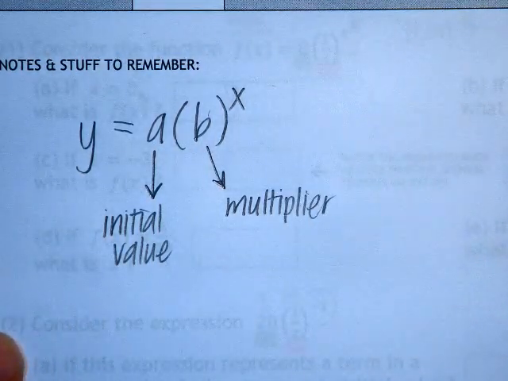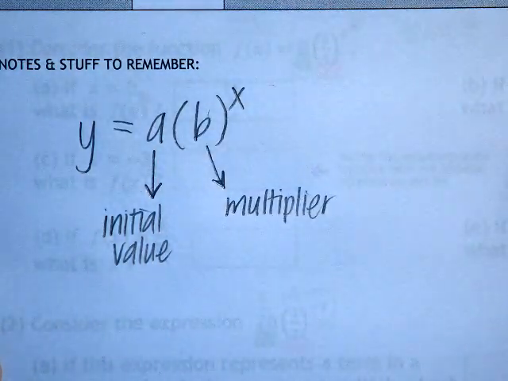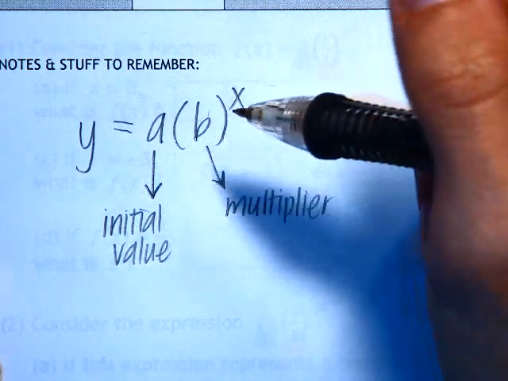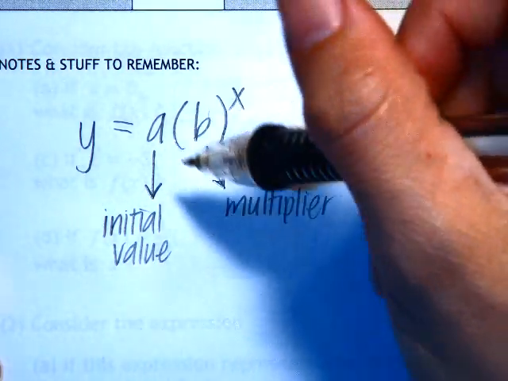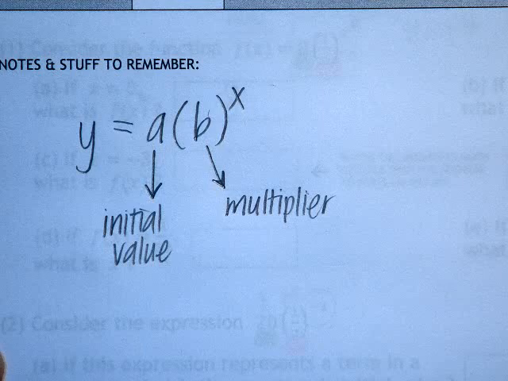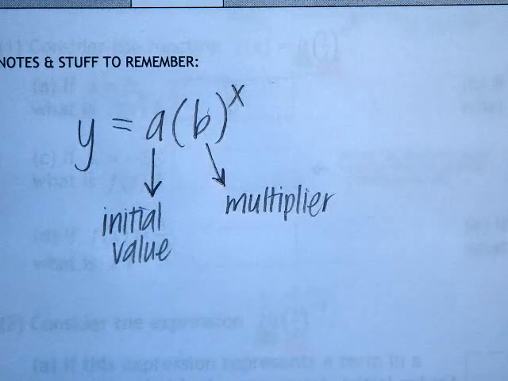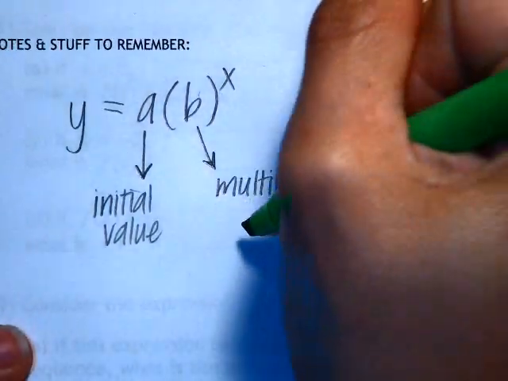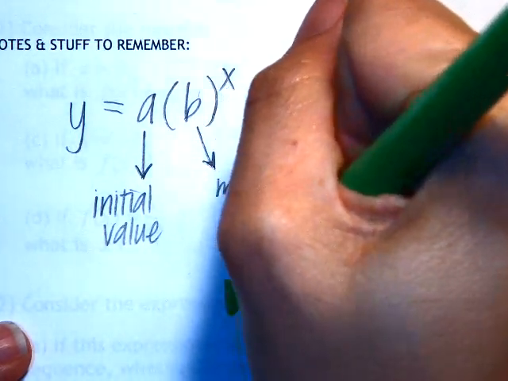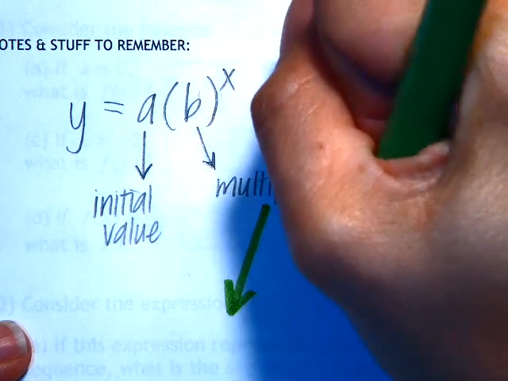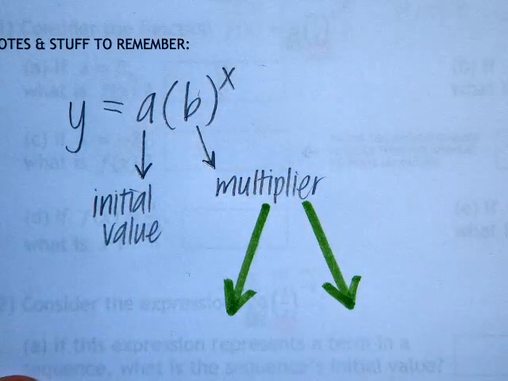Now the general shape of an exponential graph, as you saw in the Desmos, totally depends on the value of the multiplier. When you actually have a multiplier, there essentially are two possibilities that you're going to encounter. The multiplier is either going to be bigger than 1 or smaller than 1.